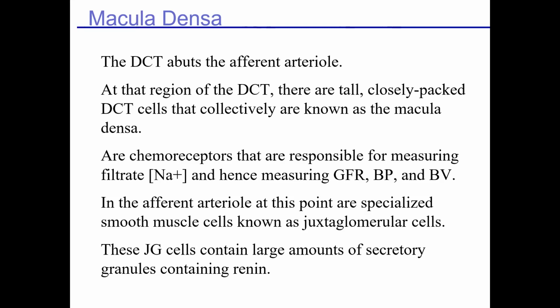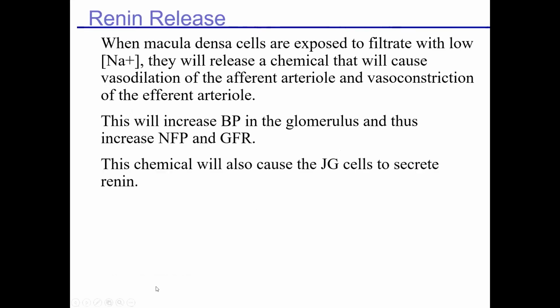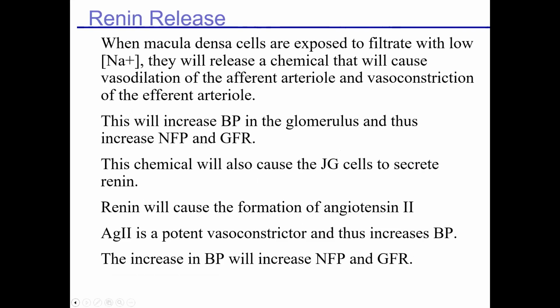And so the macula densa is picking up on all this. It's measuring the sodium levels. Now, if there's a problem with the sodium, we can tell the juxtaglomerular cells that there's a problem here.